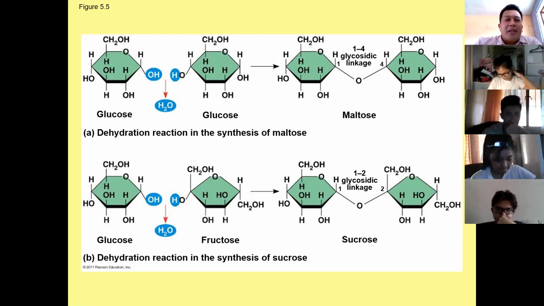The combination between glucose and fructose, if glucose and fructose participate in a dehydration reaction, will synthesize sucrose. And sucrose can be seen in our kitchen, most especially table sugar.